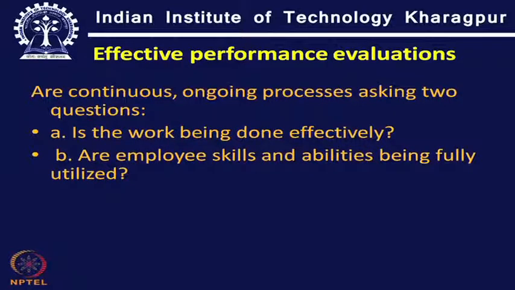And the second is: are the employee skills and abilities being properly utilized? Because if somebody remains underutilized in the organization or somebody is overutilized, in both situations it may have negative consequences on the employees. So, two primary questions: is the work being done effectively, how do you measure it and what feedback do you get about it, and are all the employee skills and abilities being fully utilized.